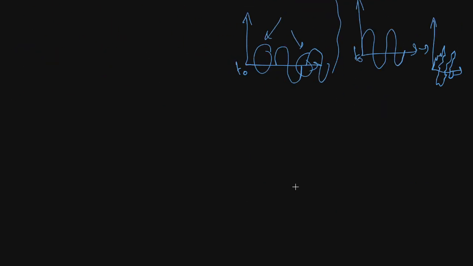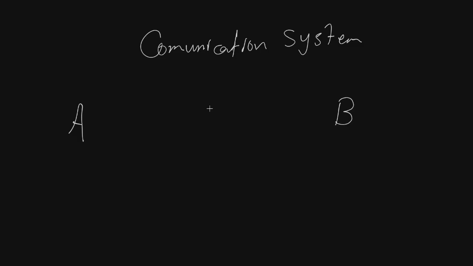To talk about computer networks, we are supposed to understand that there's something called a communication system. This communication system is based upon two devices, let's say device A and device B in the simple form.